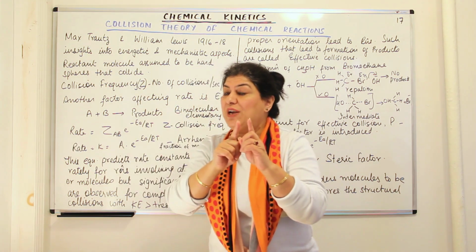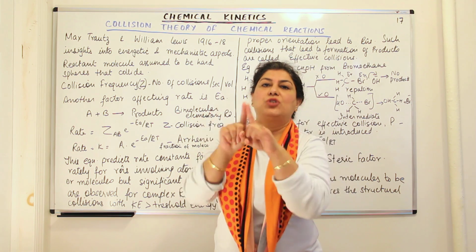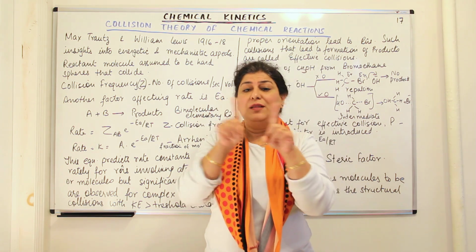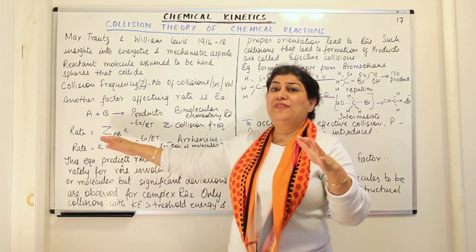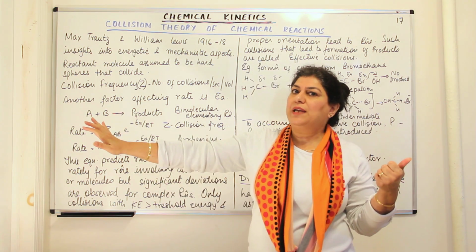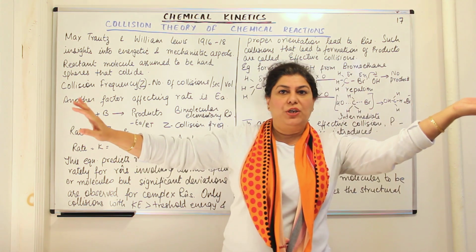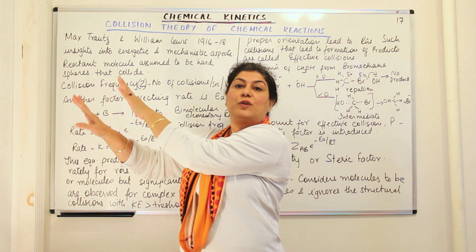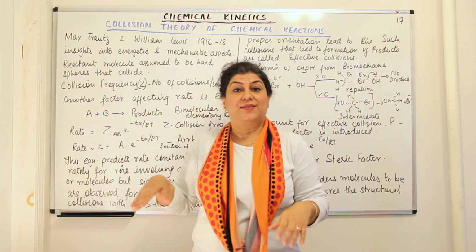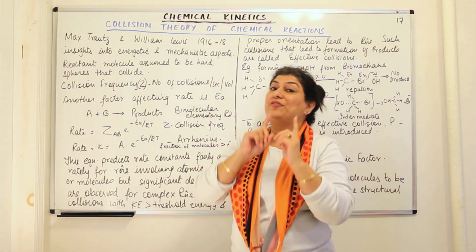So collision frequency may be important when you have only two reactants, obviously, because those are the molecules that are bombarding, they are touching each other, they are coming into contact. But if the molecules are coming into contact along with other molecules and not with you, obviously you two were supposed to react, you will not react. So it is not just the collision frequency.